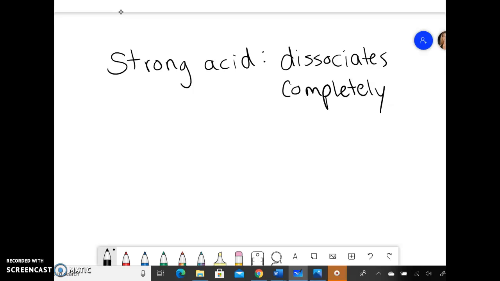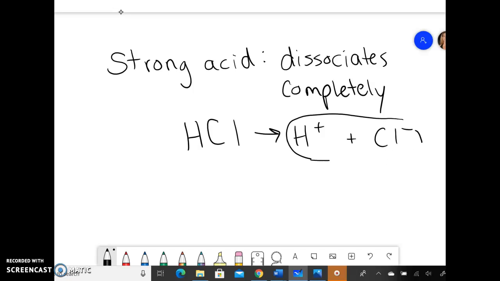A strong acid is like 99 point something percent dissociated. So what I mean by that is when you dissolve hydrochloric acid into water, you're going to get almost all H plus and Cl minus. So like 99% of this is going to be H plus and Cl minus. So this is a strong acid.